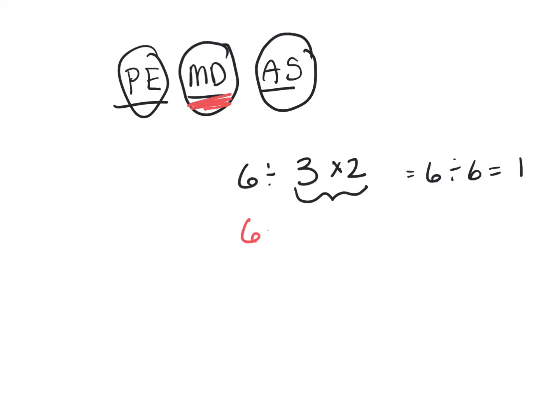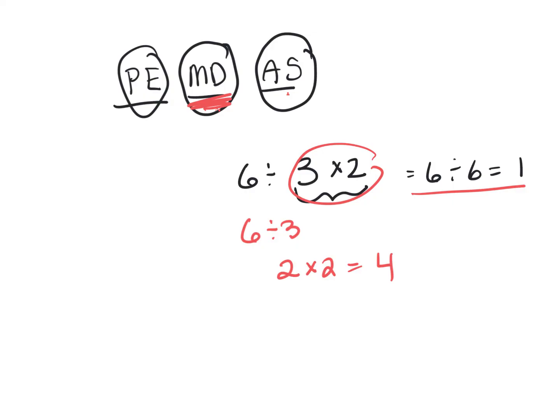It should be 6 divided by 3, which is 2, times 2, which is 4. Again, this is a really common mistake. They're always trying to multiply first. You multiply and divide from left to right on the same level. You add and subtract from left to right on the same level, and then you have your parentheses.